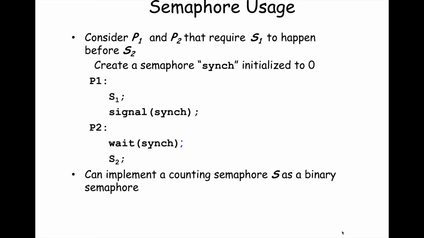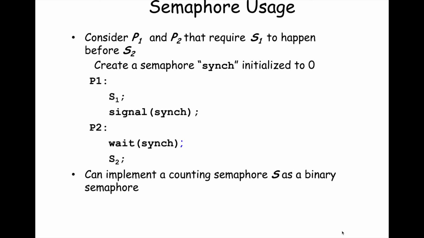So let's talk about semaphores. One of the things that semaphores are very useful for is coordinating the execution of two processes. In this example, which is in the book, let's say you have two processes, P1 and P2, and two semaphores, S1 protecting critical section 1 and S2 protecting critical section 2. These are semaphore variables. Suppose P1 and P2 are executing concurrently.